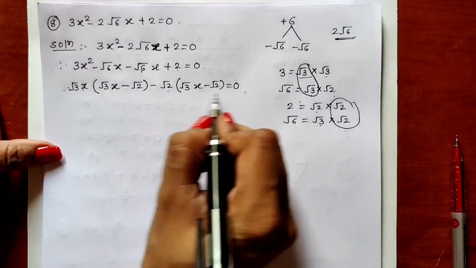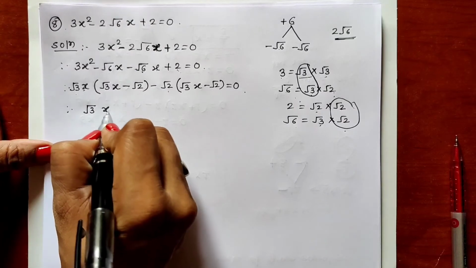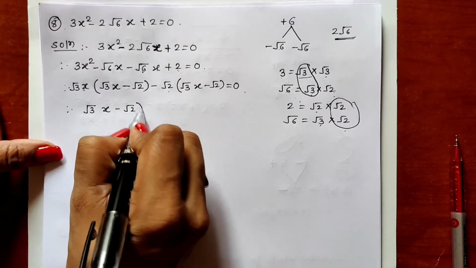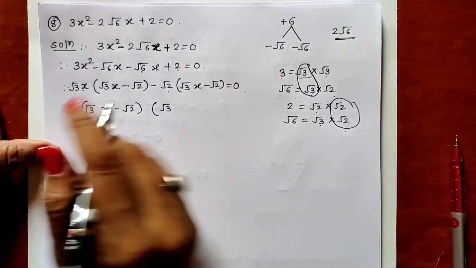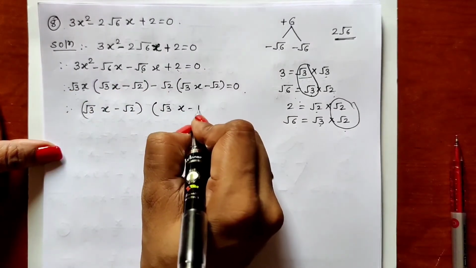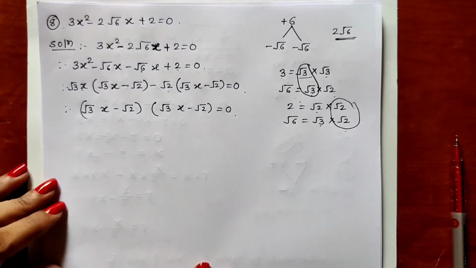Now this bracket is common. We can see that. So we write bracket one time, root 3x minus root 2. In second bracket again we can write this root 3x minus root 2 is equal to 0.